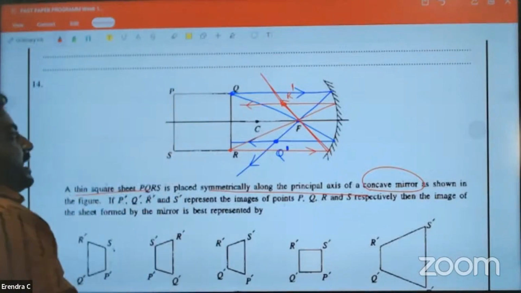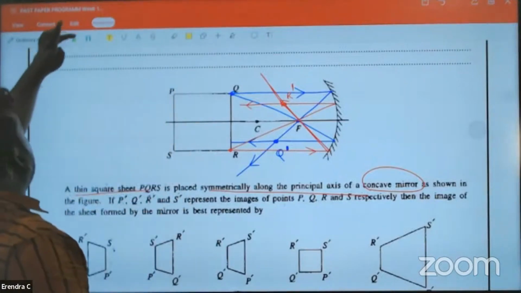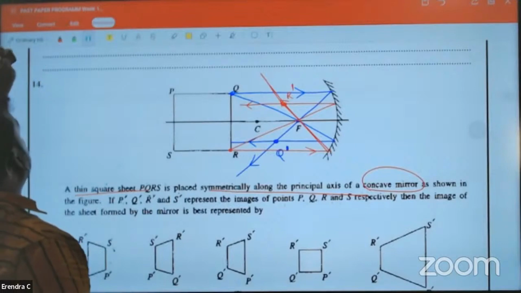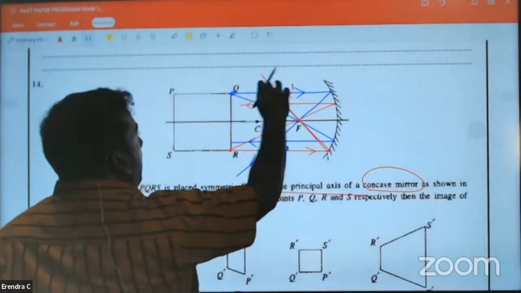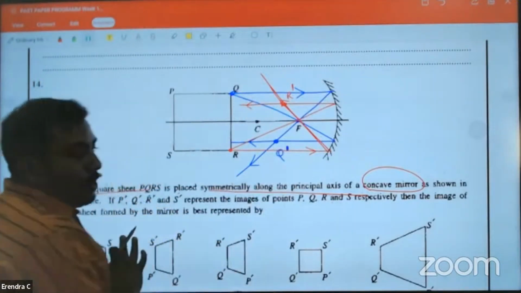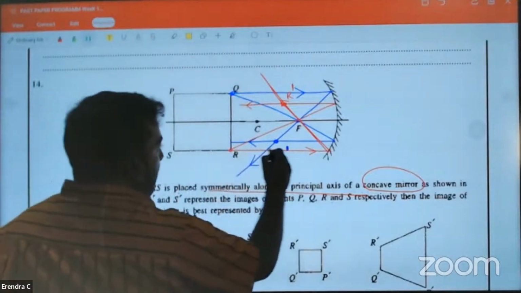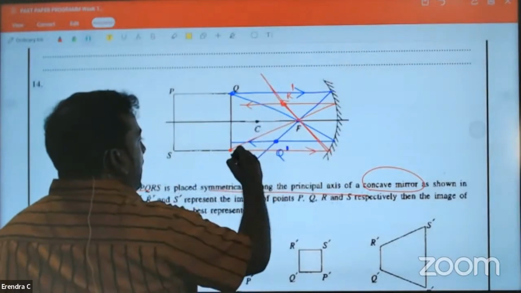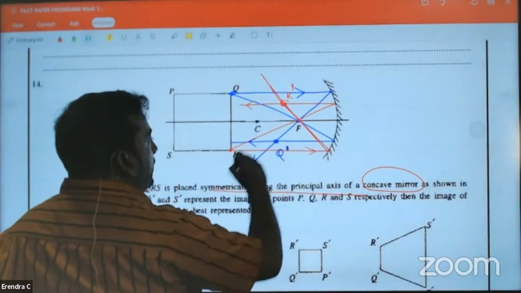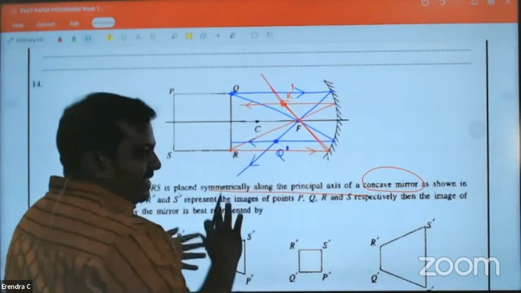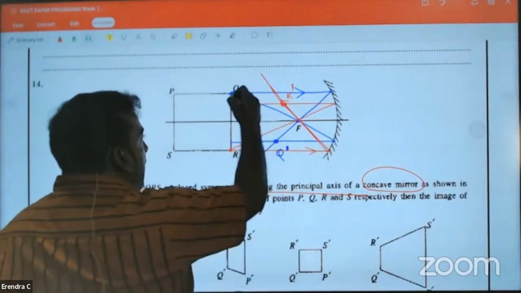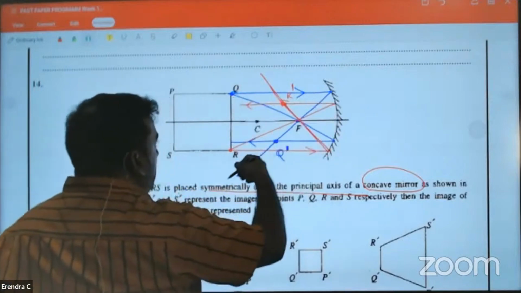What about light rays from P? Now, I hope you all drew this. Draw that below, if you did not draw. Light rays parallel go through the focal. Light rays going through the focal will become parallel. Reversible ray I have drawn. Light rays parallel to the principal go through the focal.